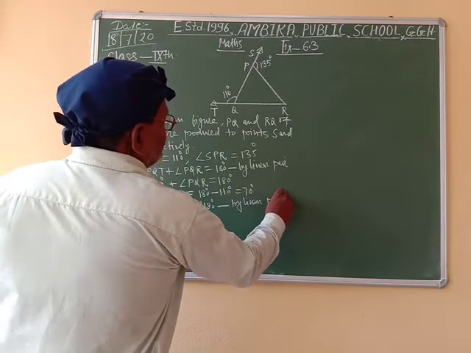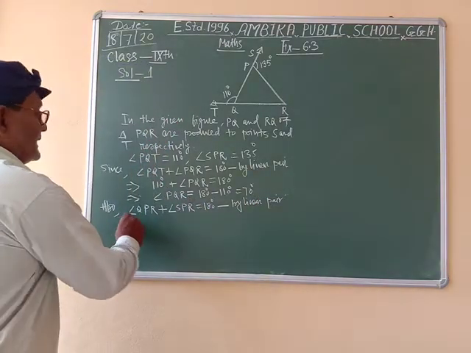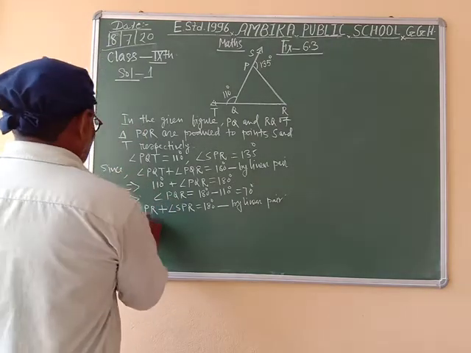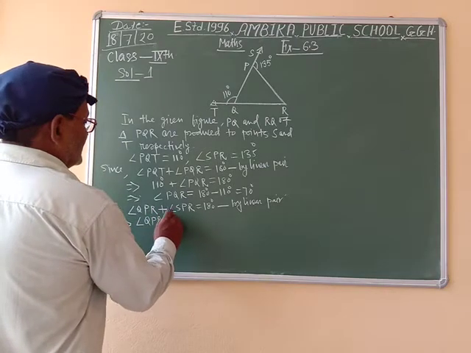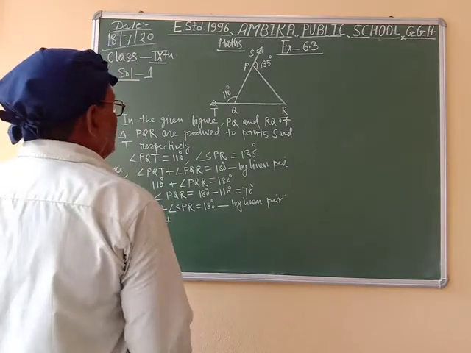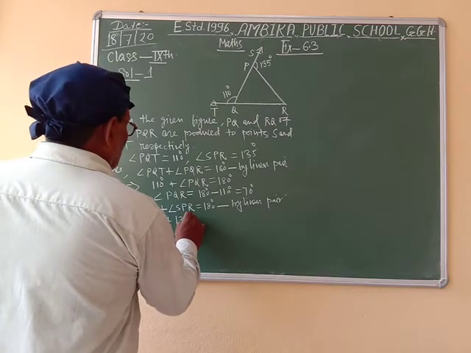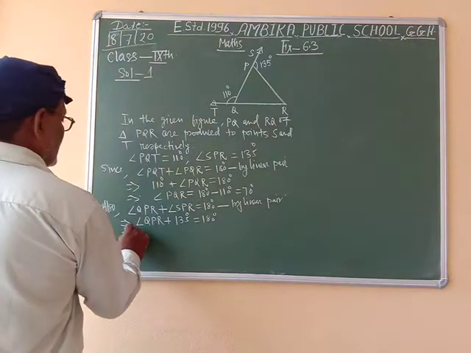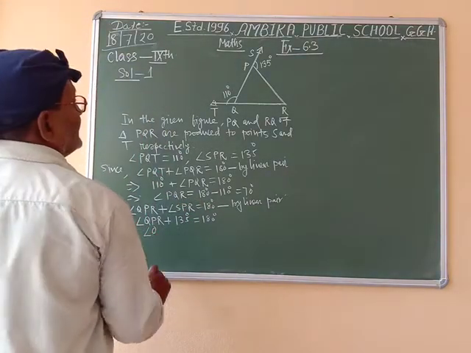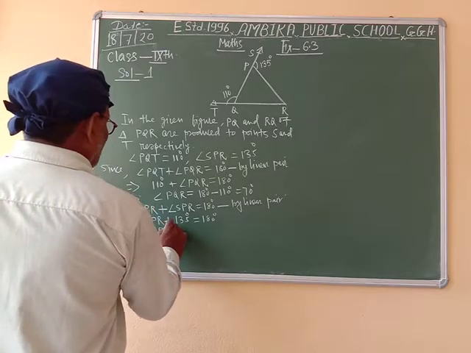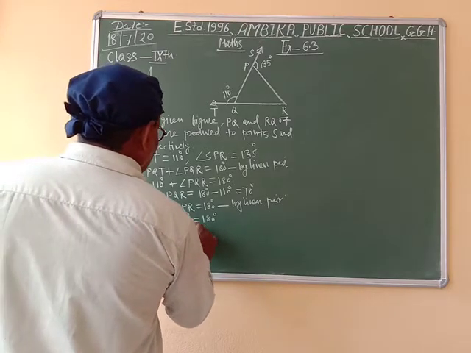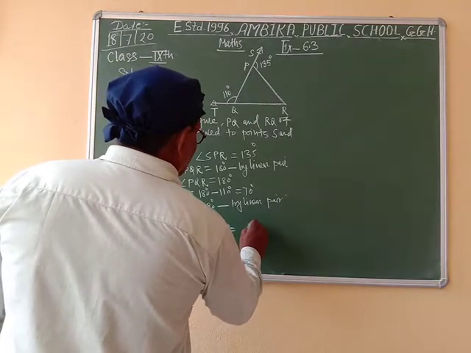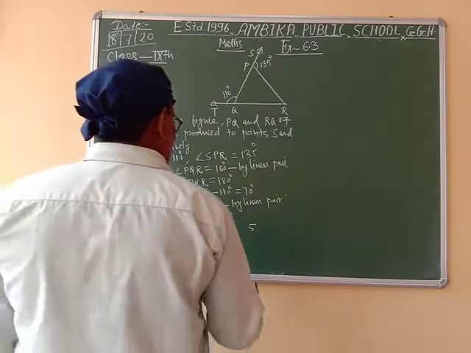Angle QPR plus angle SPR, which is given as 135 degrees, is equal to 180 degrees. So angle QPR is equal to 180 degrees minus 135 degrees, which is 45 degrees.